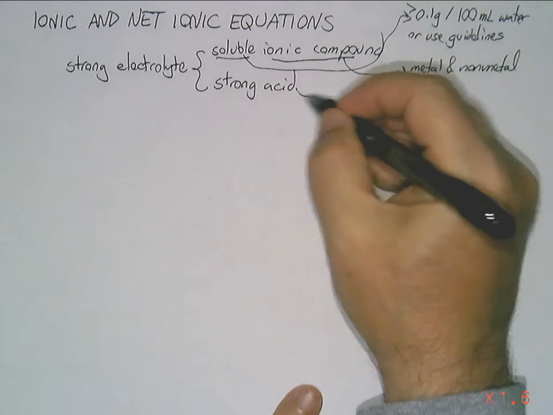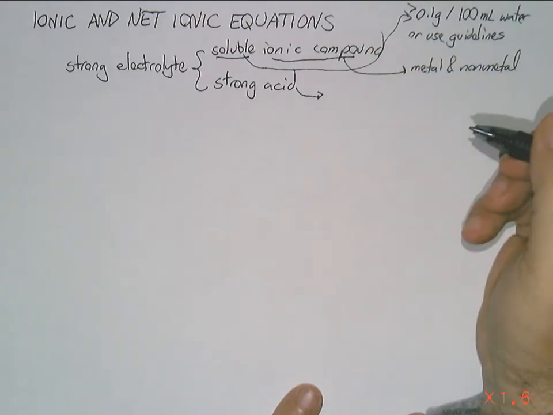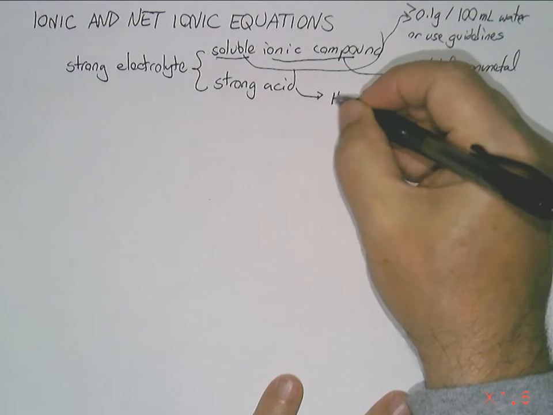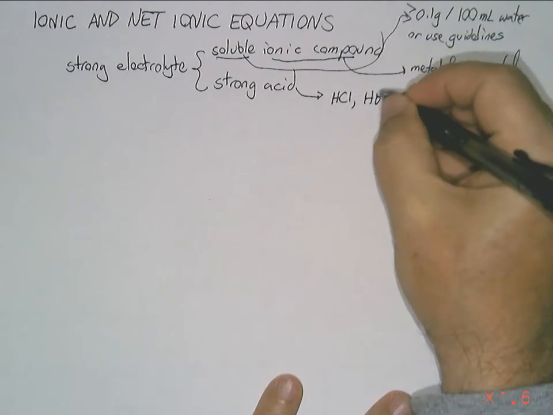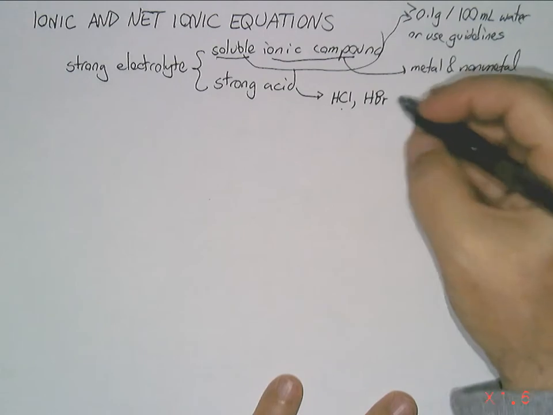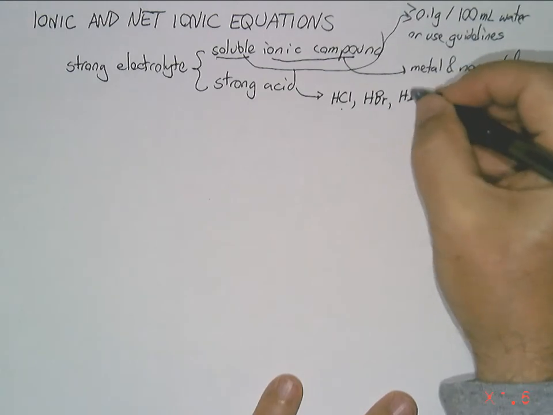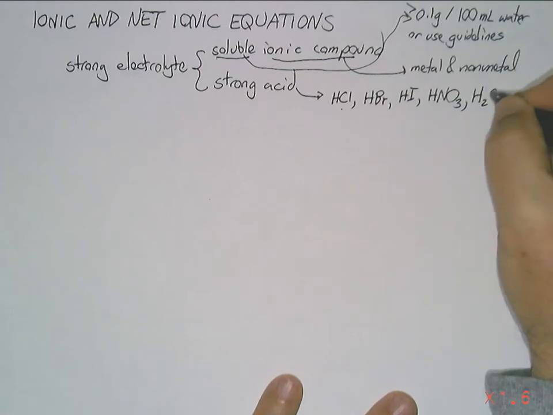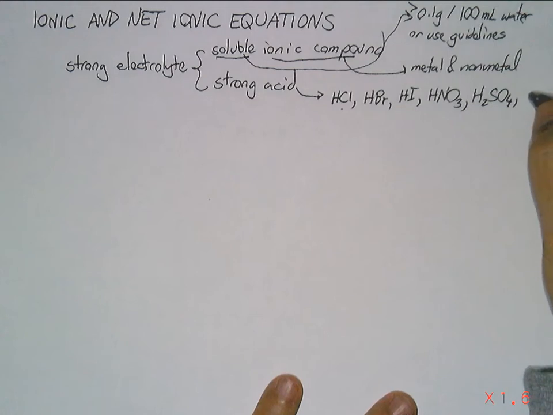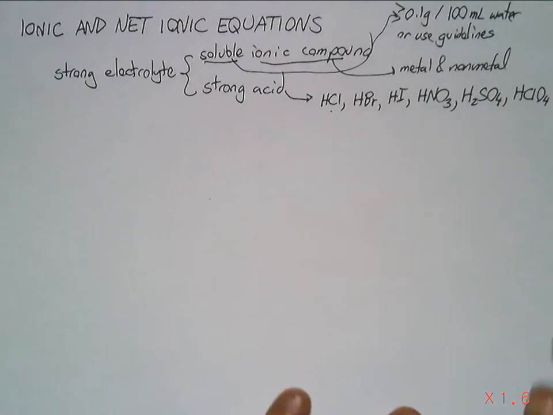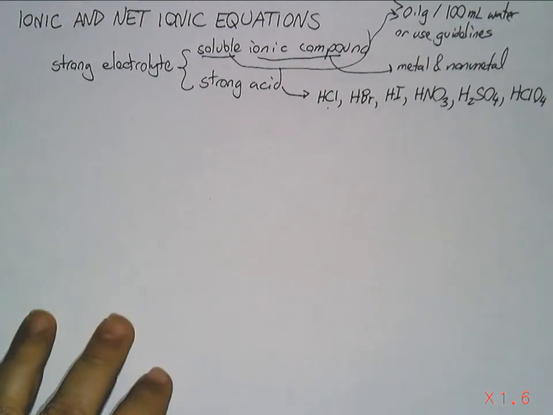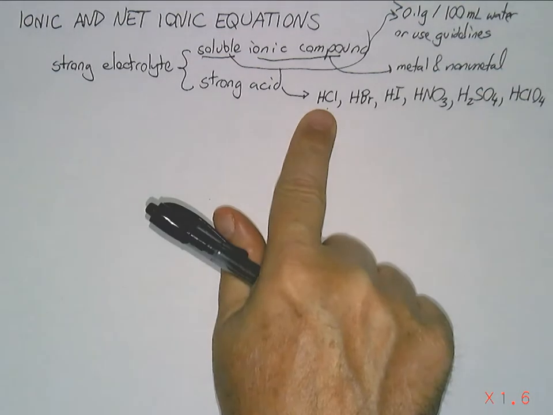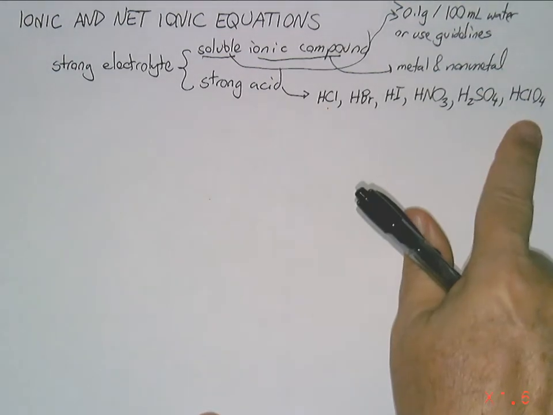A strong acid we talked about in the last video, it's one of these six: hydrochloric, hydrobromic, hydroiodic, nitric, sulfuric, or perchloric acids. If you've got one of those six, it's a strong acid. If you've got an acid, a thing that starts with an H, and it's not on that list, it's a weak acid. So it'll be a weak electrolyte.